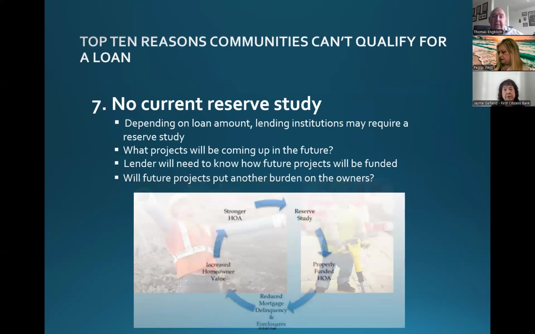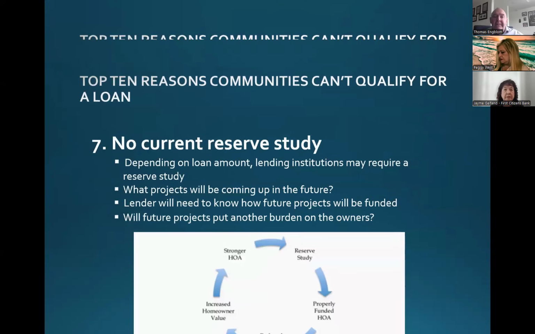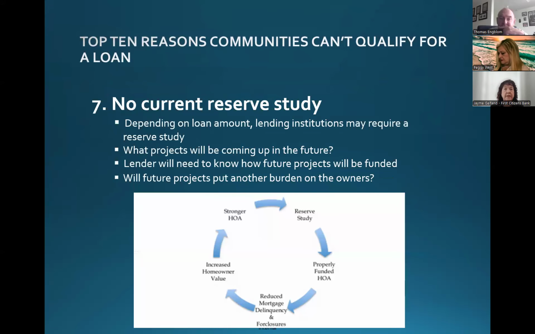Tom, before you go on, one of the things that I always encounter is sometimes people will call me and say, I need a loan for $2 million. I'll go, how did you come up with that number? I don't know. I just think that that's what we can afford. So that is definitely not the right way to start looking at obtaining a loan.